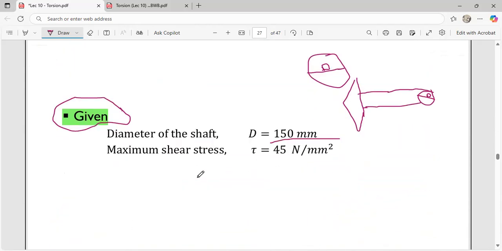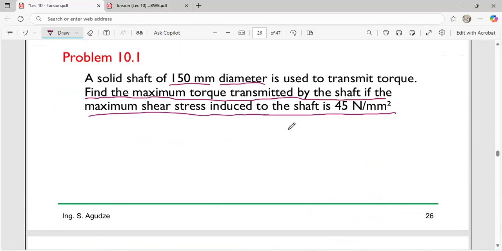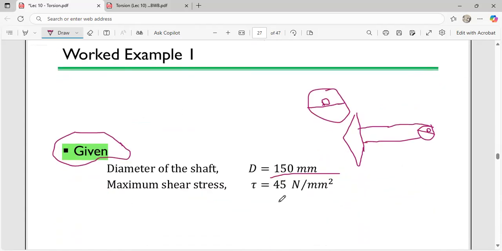We said it also has a maximum shear stress, which is 45 Newton per mm squared.